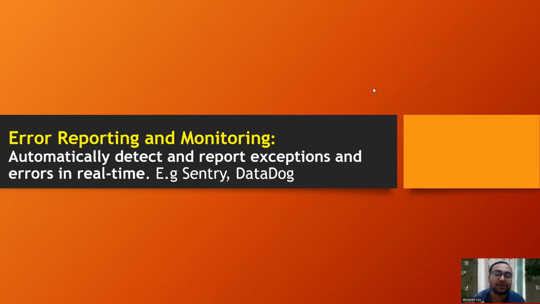Whatever exceptions and log details come, they will be reported in this tool. Datadog is a monitoring tool. It will continuously monitor your application, to see from where the issue might come. I hope you got the concept.